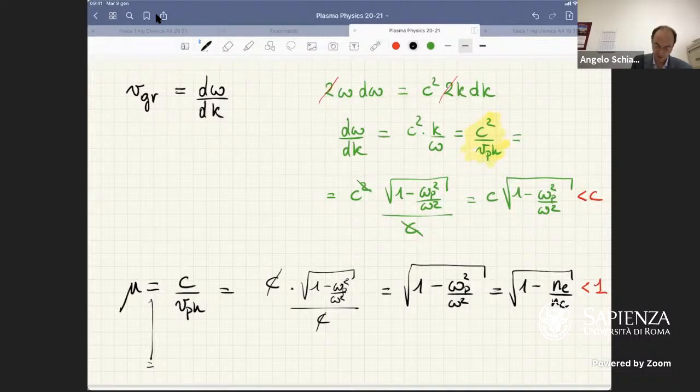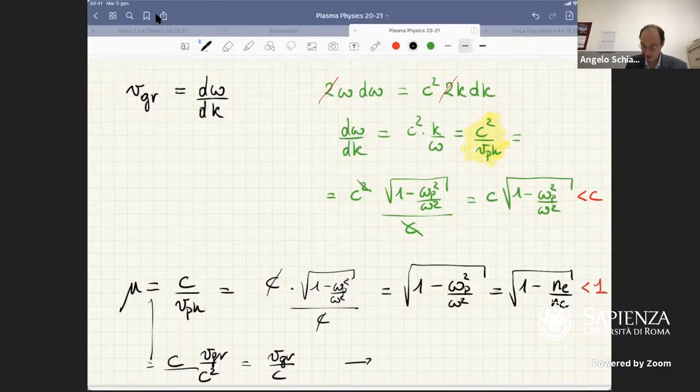So mu becomes c divided by the phase velocity, which is the group velocity divided by c. We will use this relation later on.